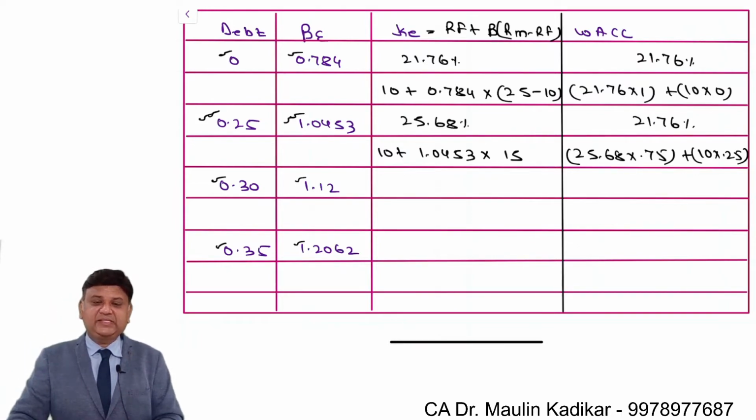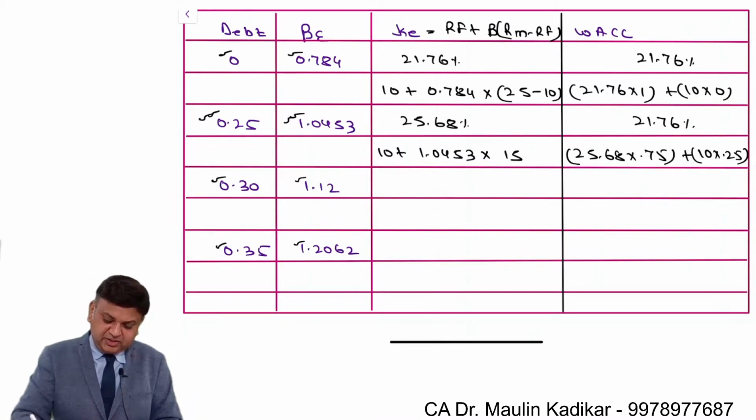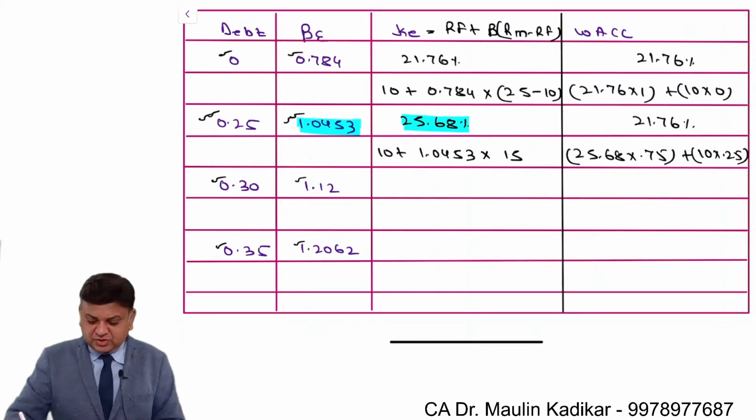This is the way we can see that when you increase the debt financing, the expectation of the equity shareholder increases. With that, the cost of equity also increases. However, the weighted average cost of capital is not changing. Why?